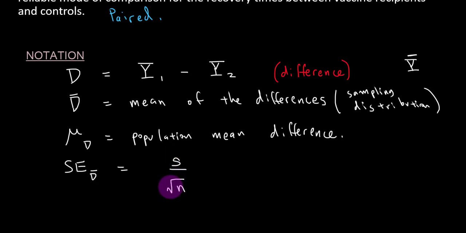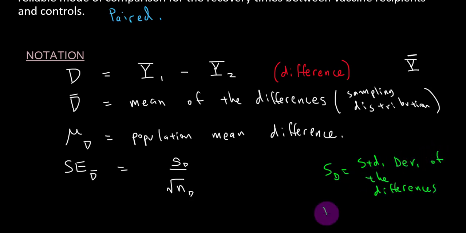Just like we saw s over square root of n a long time ago, but I'm going to be a little more specific here. I'm going to put little d's on these. So that's the standard deviation of the differences and the sample size of the differences. So I'm going to write those over here. s_d, standard deviation of the differences, and n_d is still sample size, but as it applies to the differences.